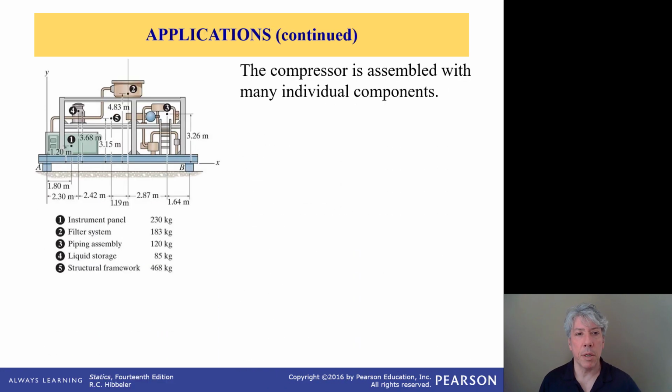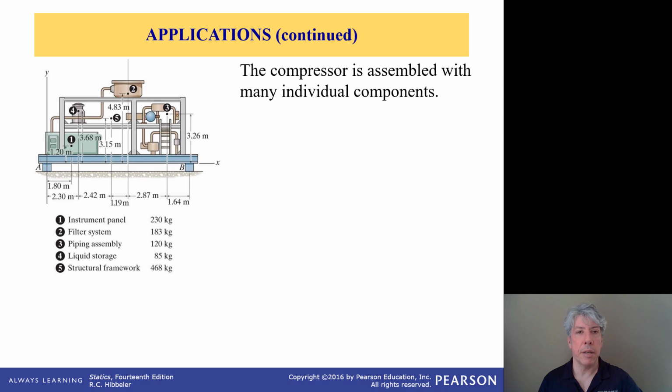There are other applications. For example, if you've got some type of a skid with a whole bunch of different pieces of equipment, and each piece of equipment has some significant amount of weight because of its mass, then locating the balance point is critical, because if you've got to pick this up and you've got to rig with it, you need to know how much load is going to be applied. Let's say you're picking it up at points A and B, and you need to know how much load is on points A and B so you can keep it stable and horizontal as you lift it.